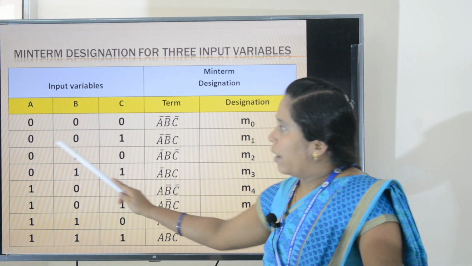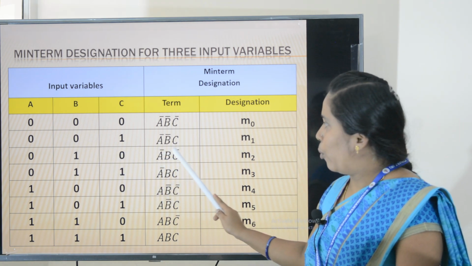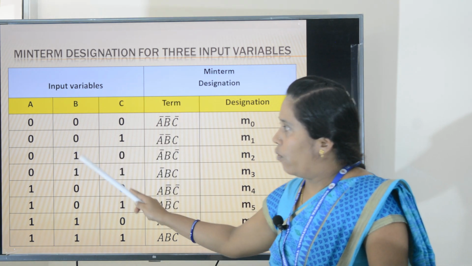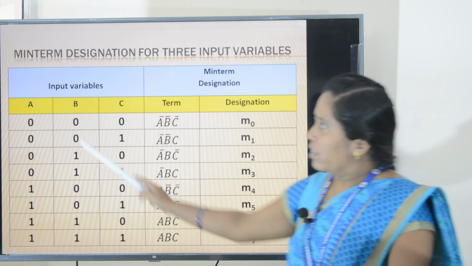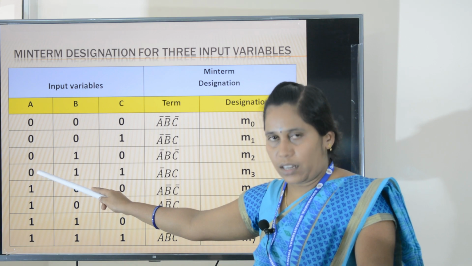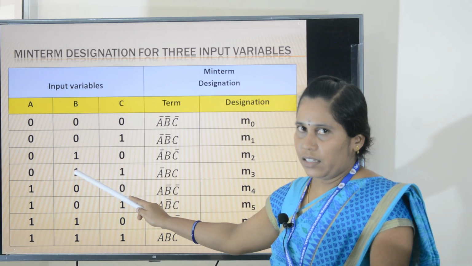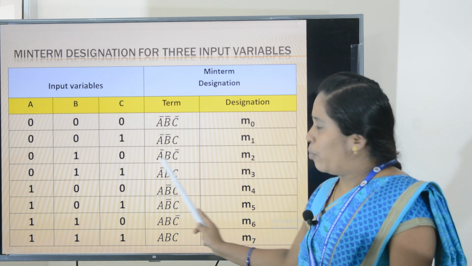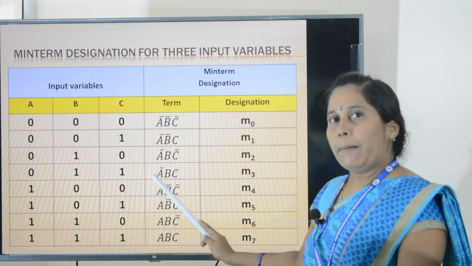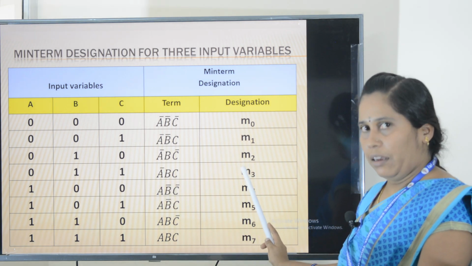So A bar, B, C bar. A bar, B, C bar is the product term of 0, 1, 0 and minterm designation is M2. The next one is A is 0, that is complemented one, A bar, B is 1 as it is B only, C is 1 again C only. So the product term is A bar, B into C. The minterm designation is M3.